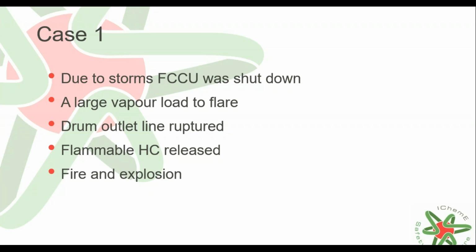This mixture found a source of ignition approximately 110 meters from the flare drum and subsequently exploded. That explosion caused a major hydrocarbon fire at the flare drum outlet itself and, as you can imagine, a number of secondary fires.